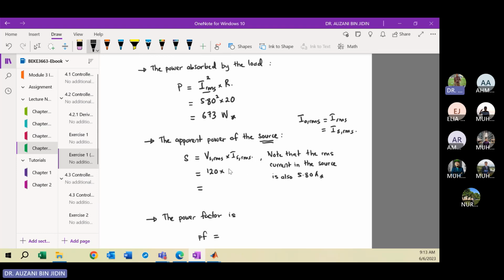Then you multiply by 5.8. Then you get the value 696. The unit must be VA, volt ampere.